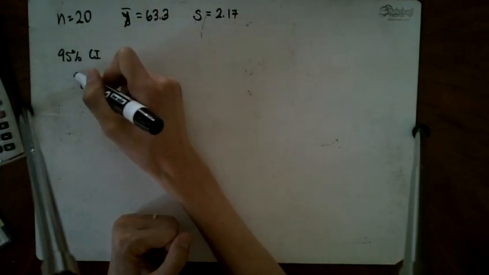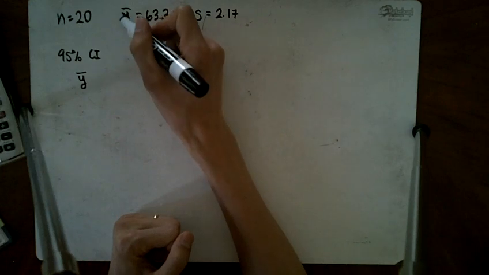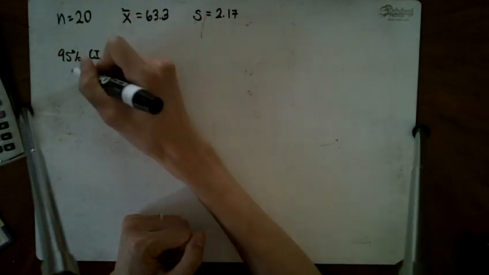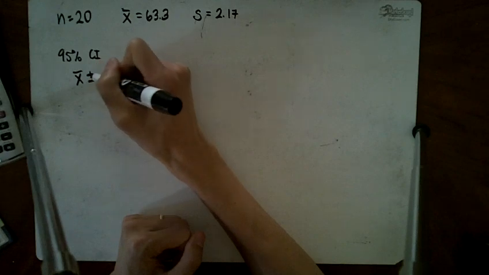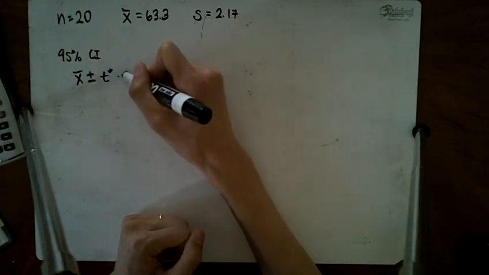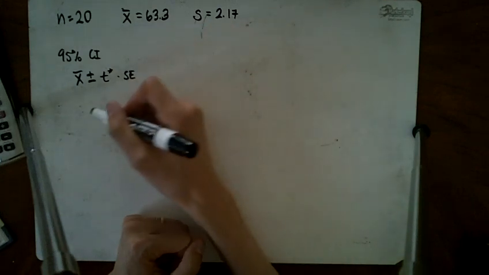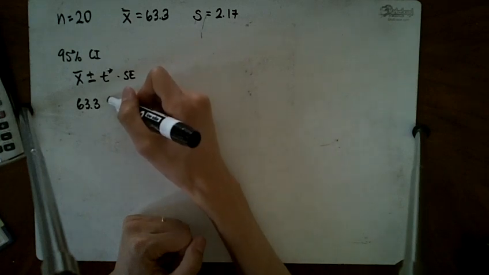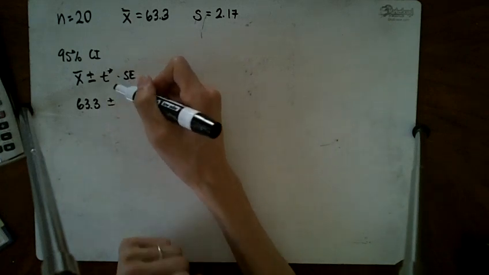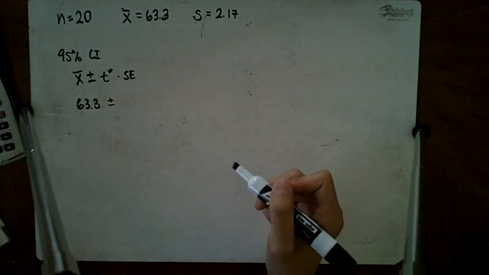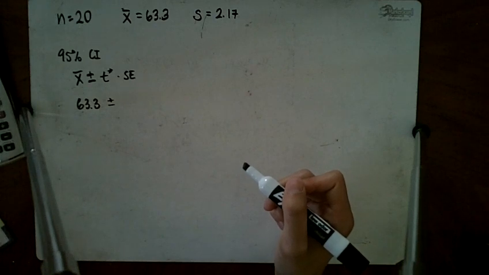So the formula for the confidence interval, we put the mean height, I keep writing y, but our x bar, the sample mean x bar in the center, and we go plus or minus some critical value t star times the standard error. So in this case, my sample mean is 63.3, and my t star, I go to that table, and here it's asking for a 95% confidence interval.